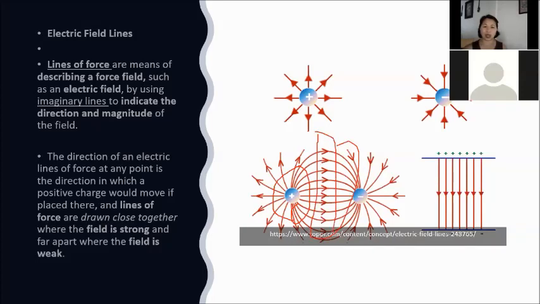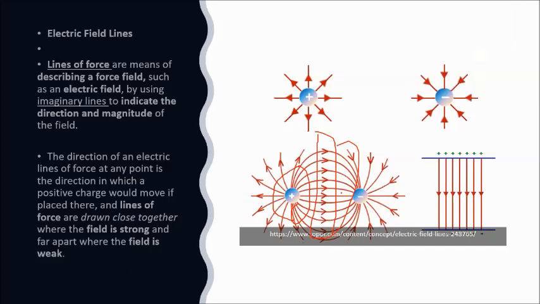Why? Because there are many field lines concentrated in the given area. Whereas here, the distances between one field line and the other are farther apart. That makes the electric field weak.